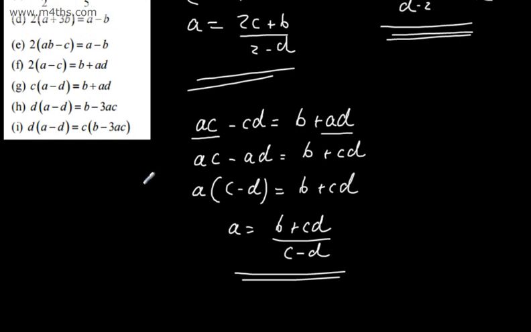Okay, let's do the next one. So these are far more challenging, but again, we're simply trying to isolate terms in a on the left or the right and terms without on the other side. So a multiplied by d minus d squared is equal to b minus 3ac. We've got a term in a here, a term in a here. I'm going to add this to both sides.